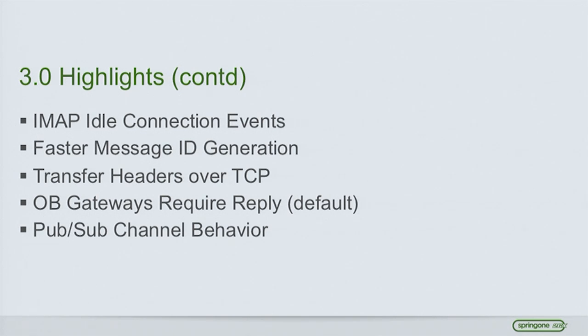And then the other change, which could be considered a breaking change, is similar to that in that the messaging template, when it sends to a publish subscribe channel, if there are no current subscribers on that channel, that channel returns false, saying we didn't send it to anybody.